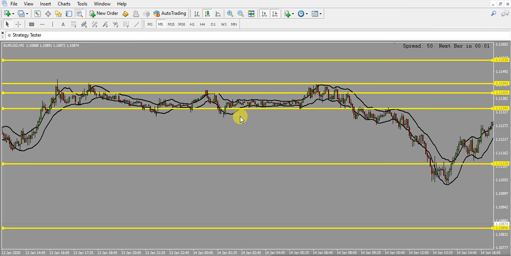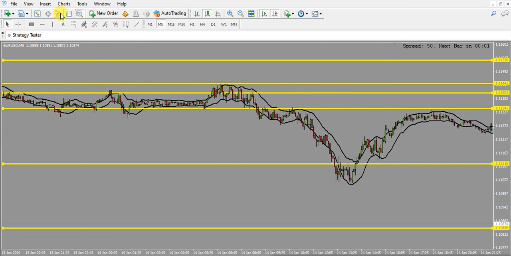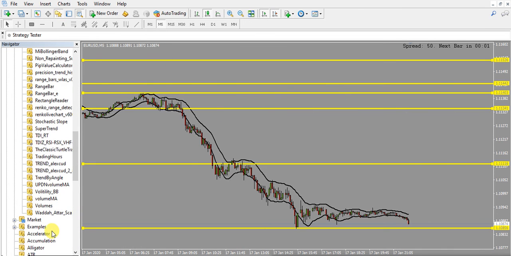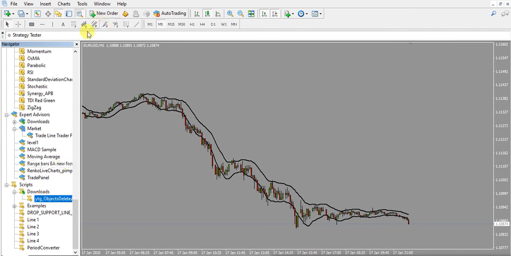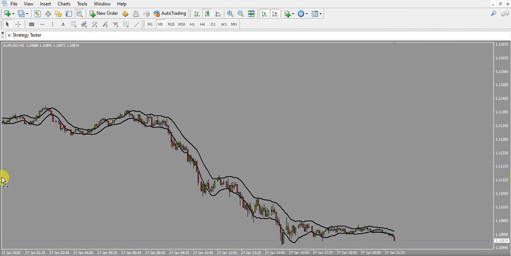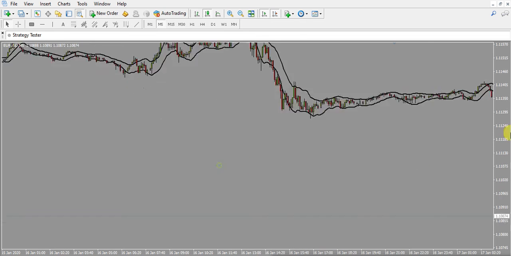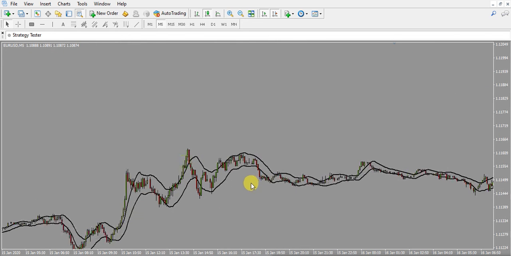Sometimes I just gotta hit clear all my objects. But for the most part, breaking levels is pretty simple.